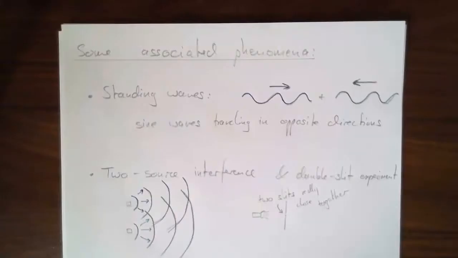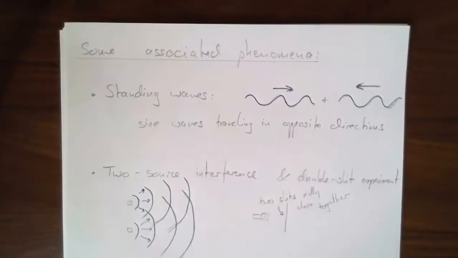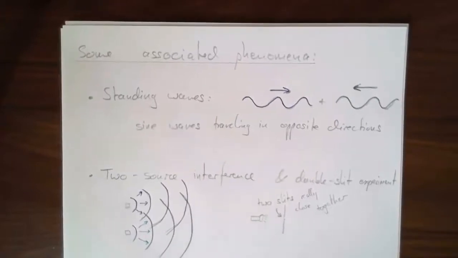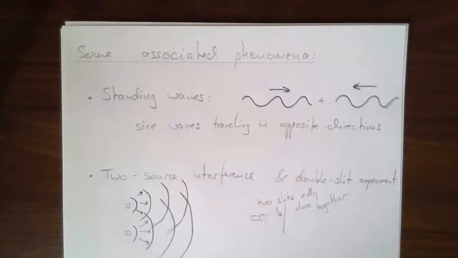So then, to give you a roadmap of what lies ahead, let me just state some phenomena we're going to be studying over the next couple of weeks that are all ultimately down to having more than one wave going along a string, or traveling through the air as sound or as light, and so on.